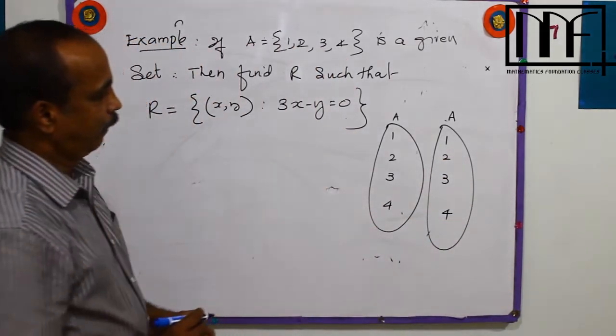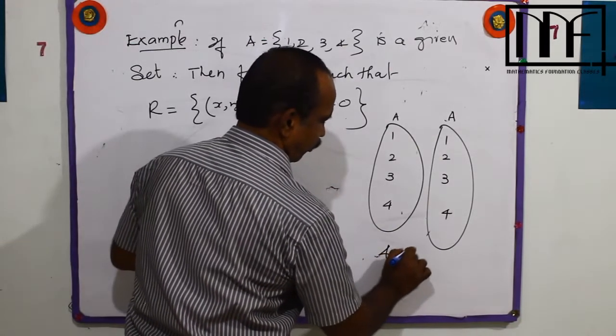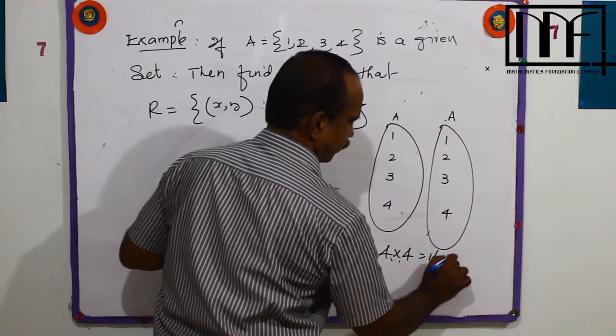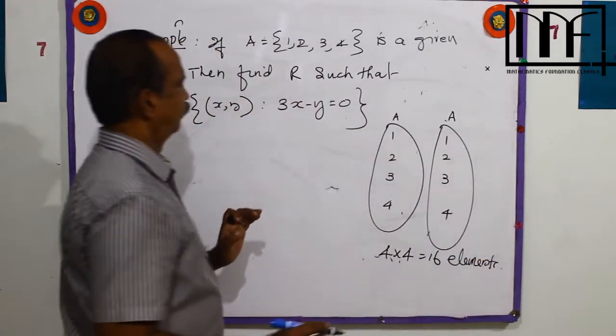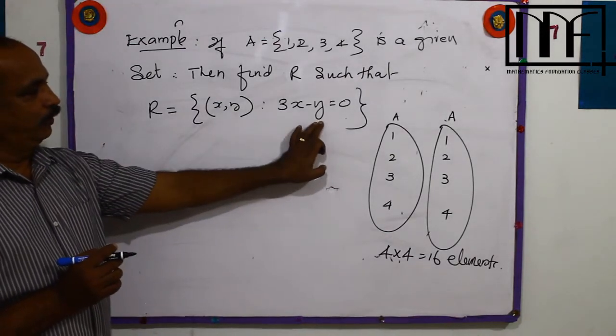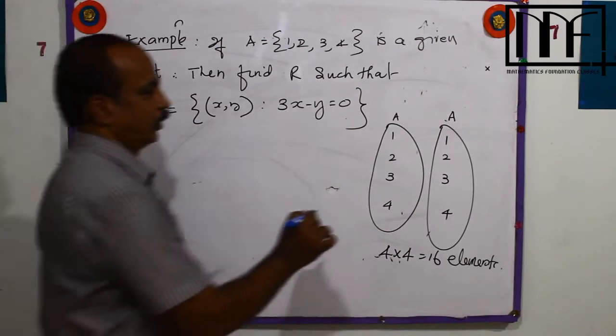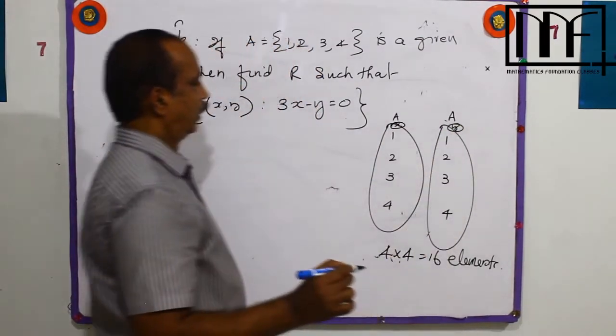This A has 4 elements, therefore the relation from A to A will have 4 times 4 equal to 16 ordered pairs. But we need to choose the numbers in such a way that 3x minus y is equal to 0, where you take x from the first set and y from the second set.